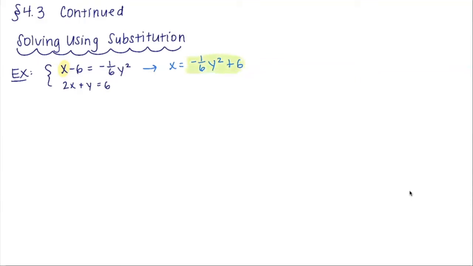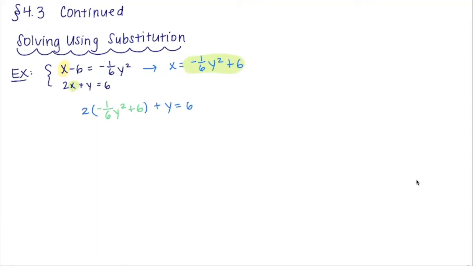I'll use a green pen to show this value. So now instead of rewriting x, I'm going to replace x with this entire expression, negative 1/6 y squared plus 6.